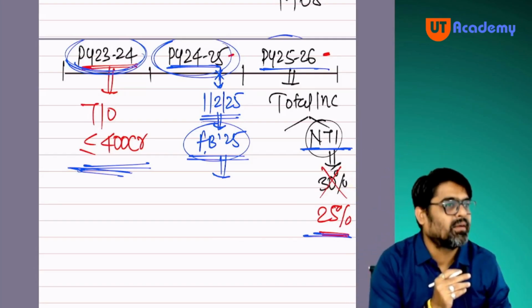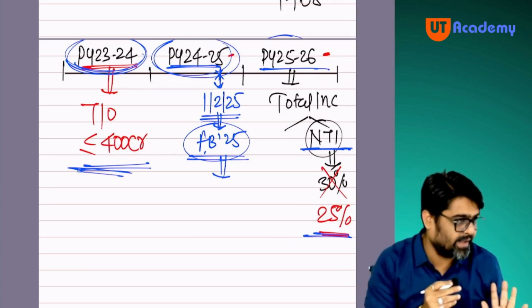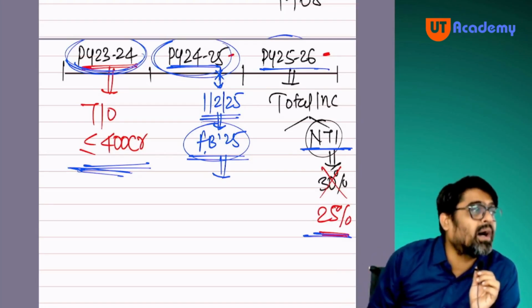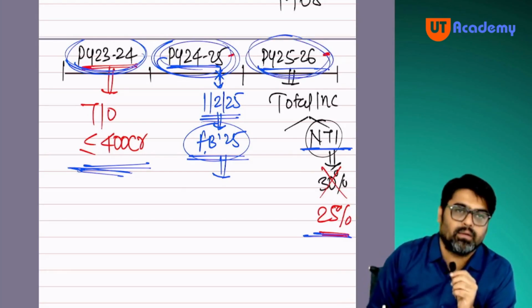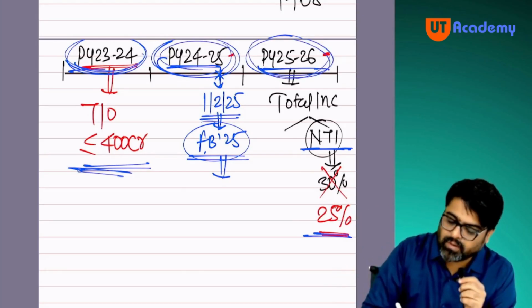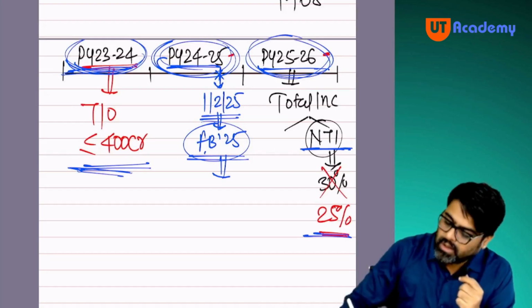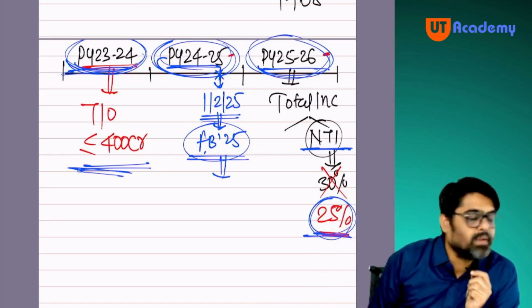Getting my point? So the benefit of doubt is given, there is a clarification by the CBDT, yes or no, that if the company is a new company, formed last year or in this year, then definitely the turnover for 23-24 will not be available. So in that case also, the rate of 25% will be available. Will you remember? Sure, sir.